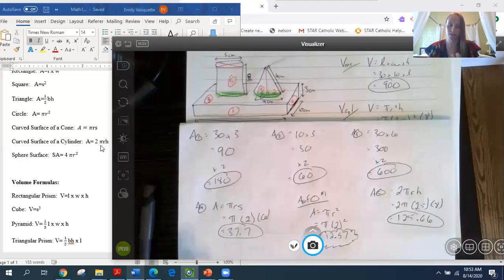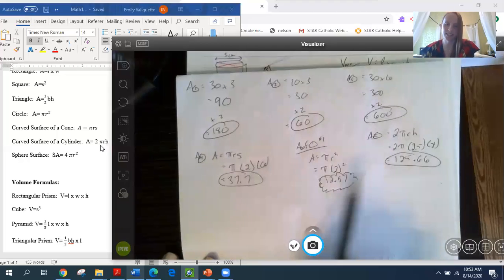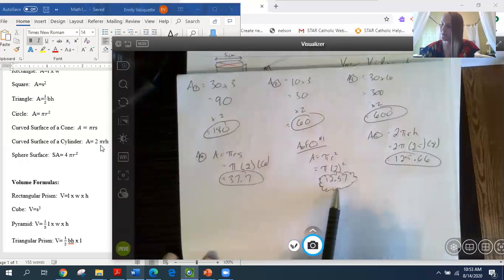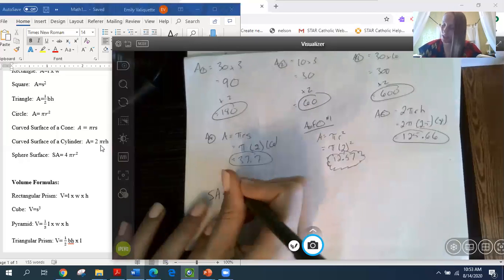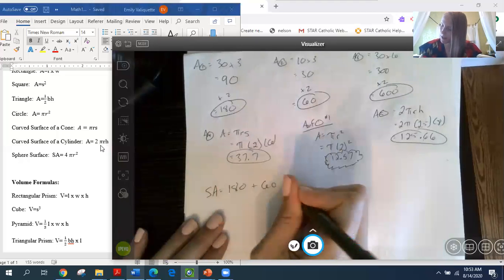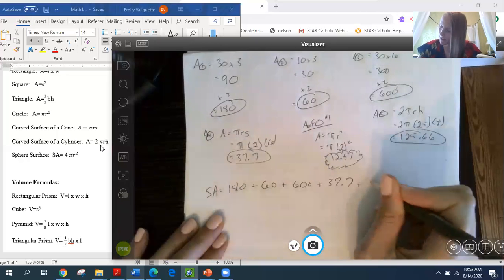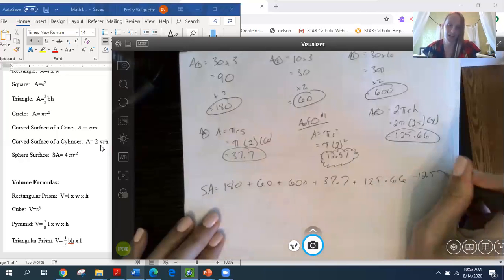And that means all that's left to do to calculate my total surface area is to add up all of my areas and subtract my area of overlap. So yeah, let's do that. My surface area is going to be 180 plus 60 plus 600 plus 37.7 plus 125.66 minus my area of overlap of 12.57.